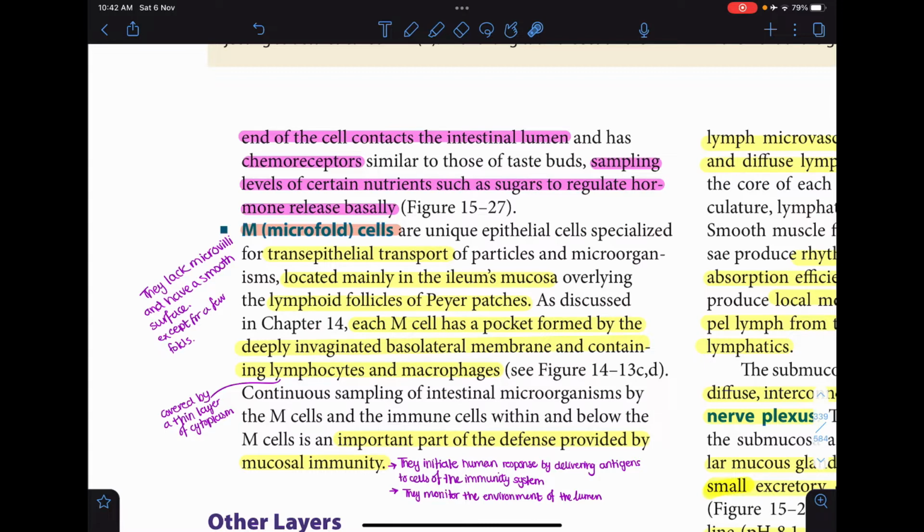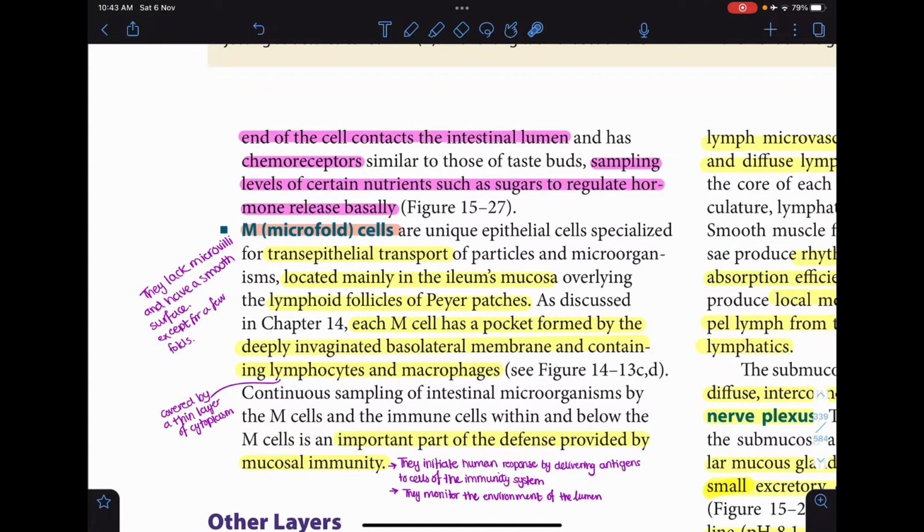Each M cell has a pocket formed by the deeply invaginated basolateral membrane containing lymphocytes and macrophages. These lymphocytes and macrophages are covered by a thin layer of cytoplasm. Continuous sampling of the intestinal microorganisms by the M cells and the immune cells within and below the M cell is an important part of the defense provided by the mucosal immunity.